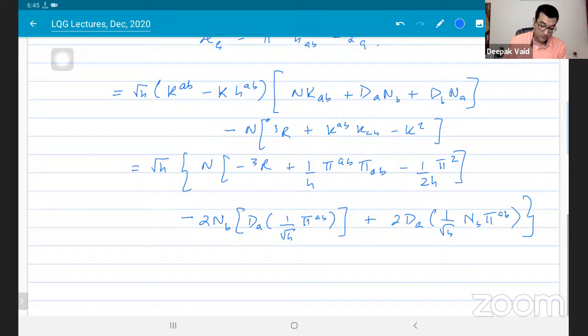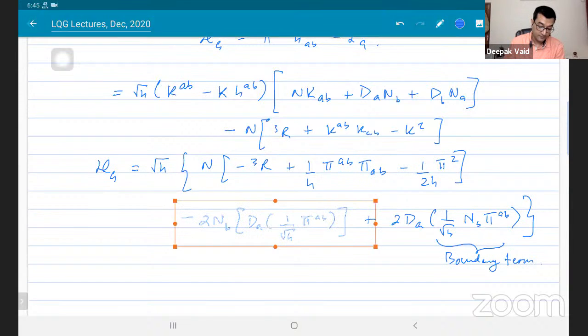All right. So now this is our expression for the Hamiltonian. This is a boundary term, it's a total derivative. And we have two other terms. Now I can ask what are the equations of motion and what are the dynamical variables.